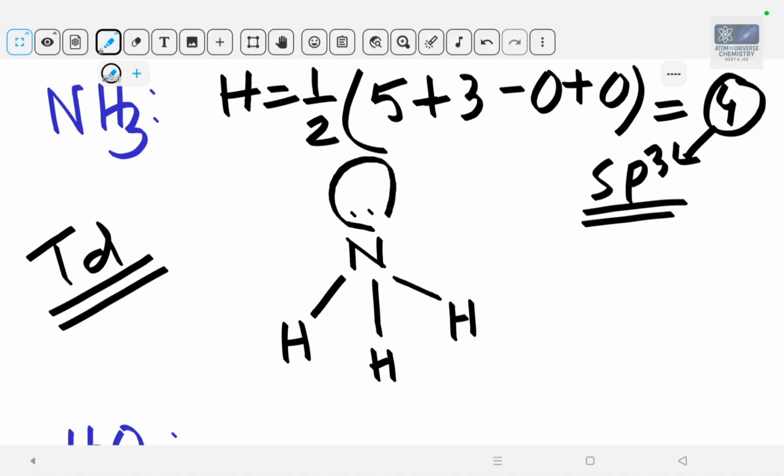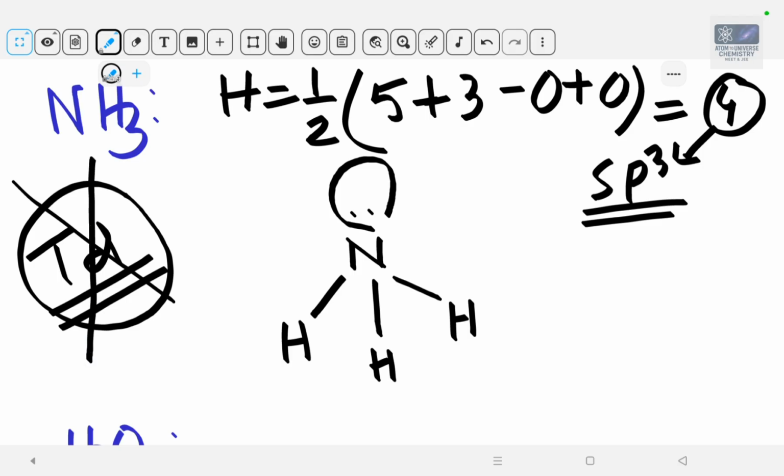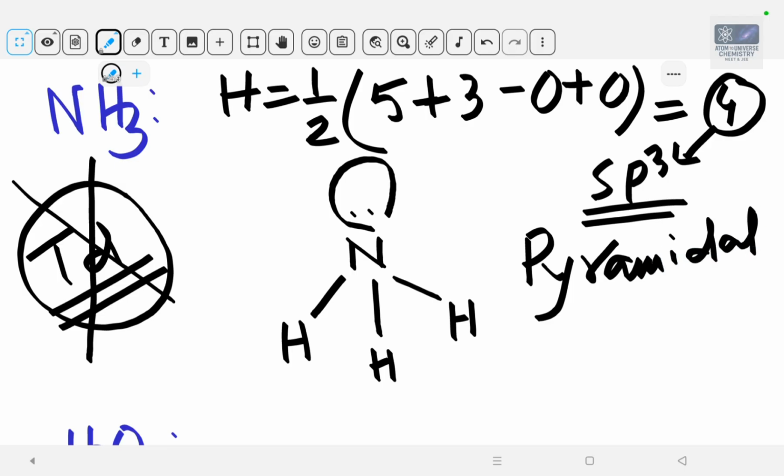Okay, that very structure is known as pyramidal, so it is not at all termed a tetrahedral structure, that is pyramidal. Good.